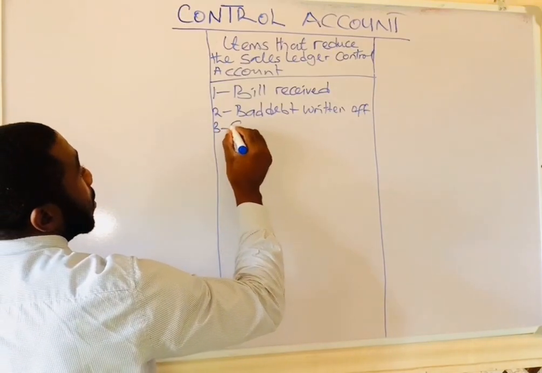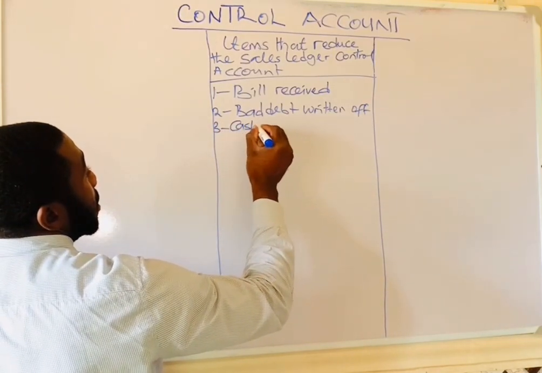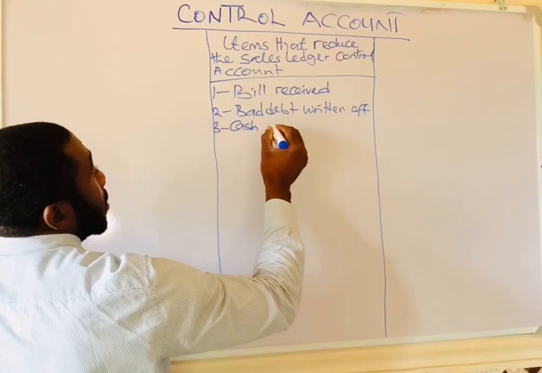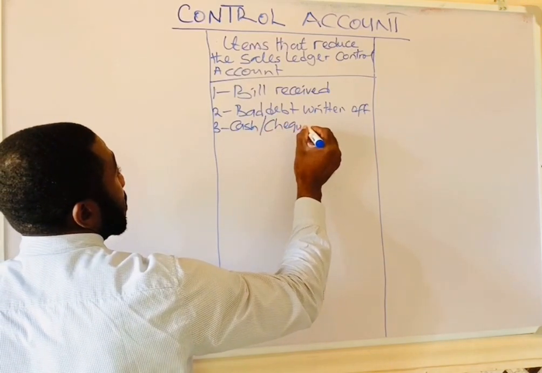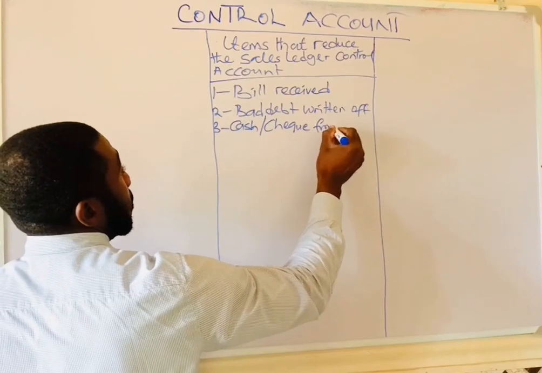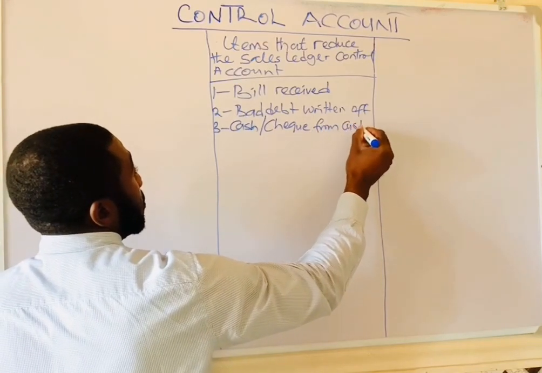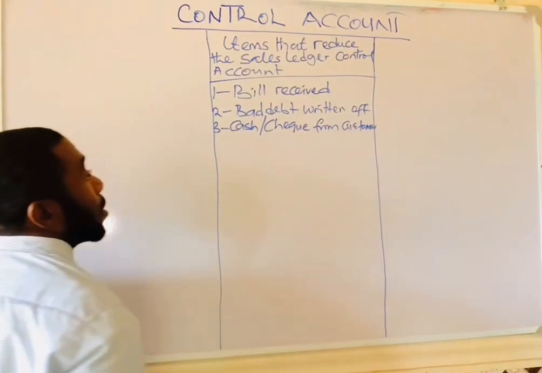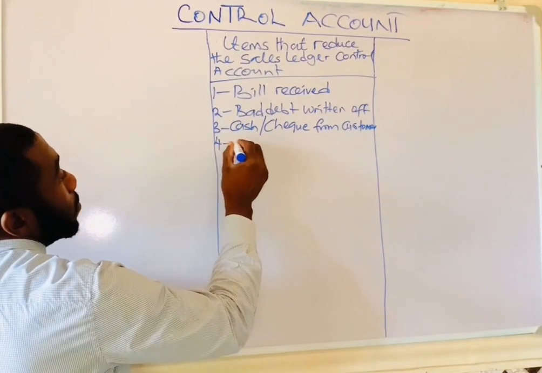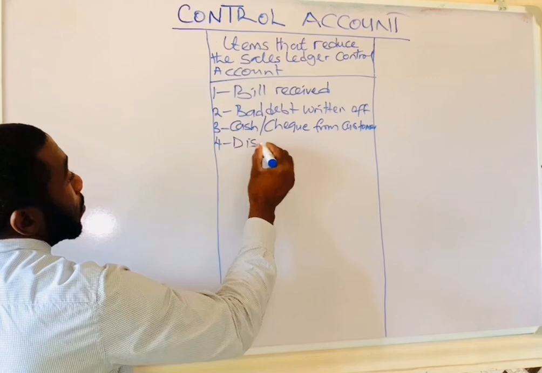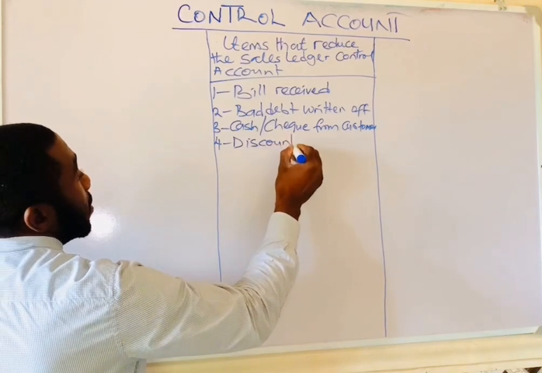Three, cash or check from customers. Number four, discount allowed.